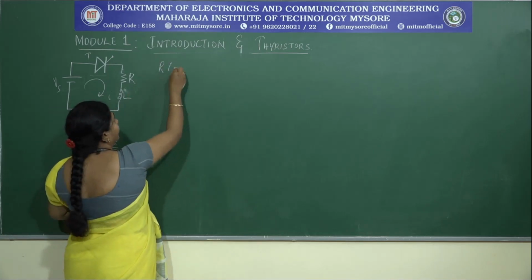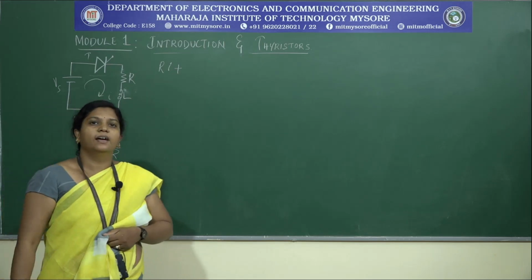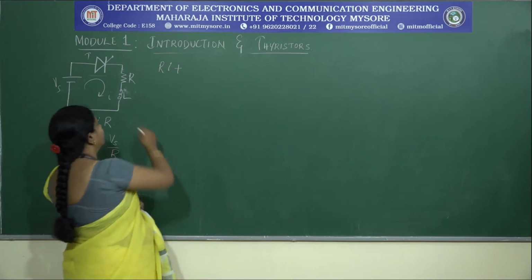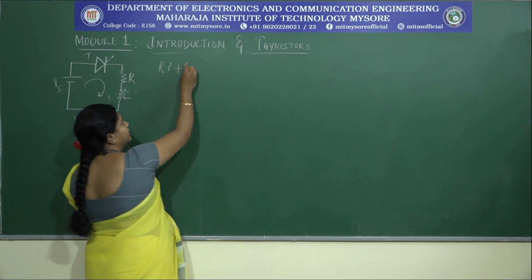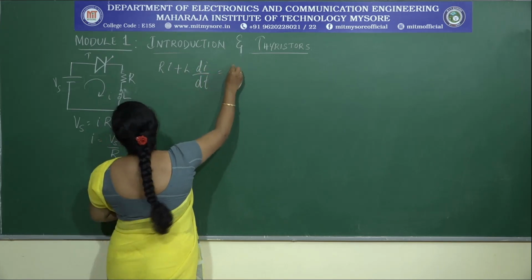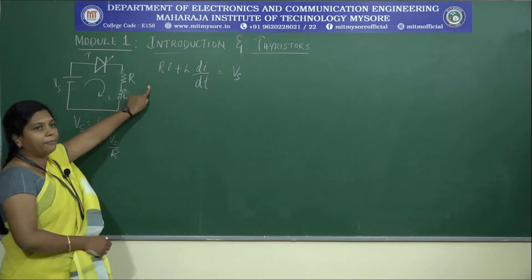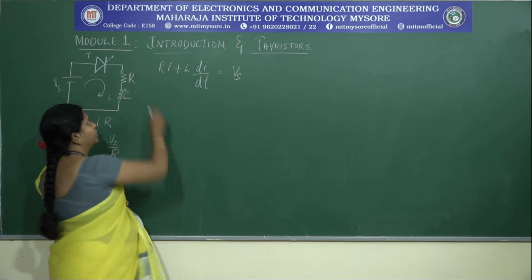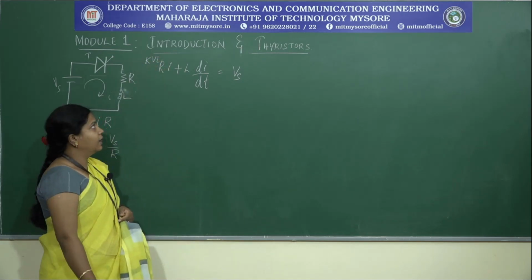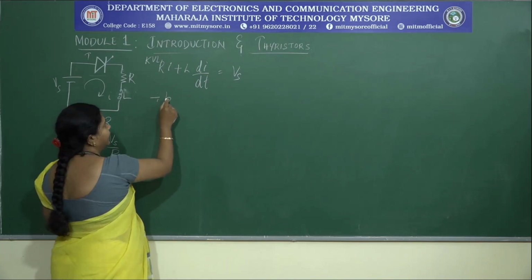So, R into i plus, since an inductor is related to the current as di by dt, the voltage developed across the inductor is L into di by dt, is equal to the voltage that we apply. This is from applying KVL to the circuit. Now, let us divide this equation by L.